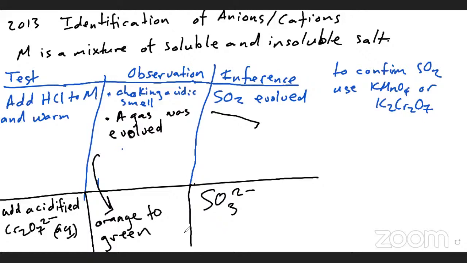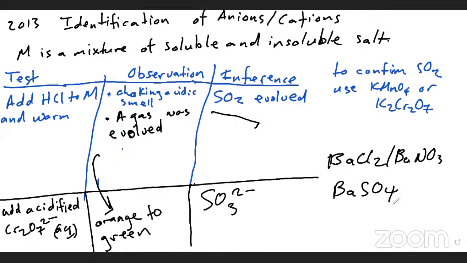When it comes to SO4, we normally use barium nitrate or barium chloride, and you would have gotten a precipitate of barium sulfate.